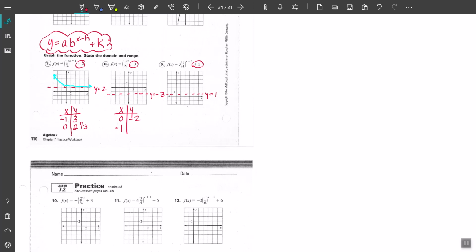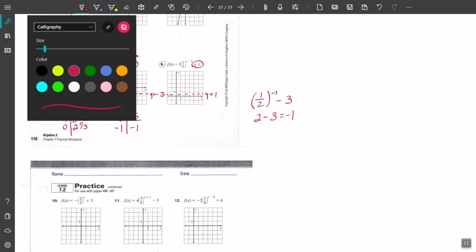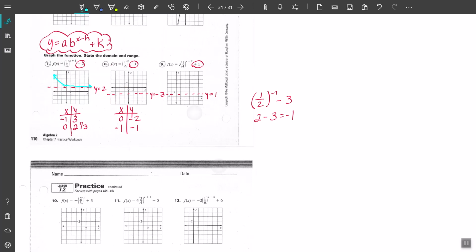The negative 1, I'll come over here and show that the reason I'm choosing the negative 1 is because that will allow me to reciprocate this fraction, and I'll end up with 2 minus 3, which gives me negative 1, which is just an easy point to plot. So that would give me 2 points: at 0, negative 2 for the first one, and negative 1, 1 for the second one.